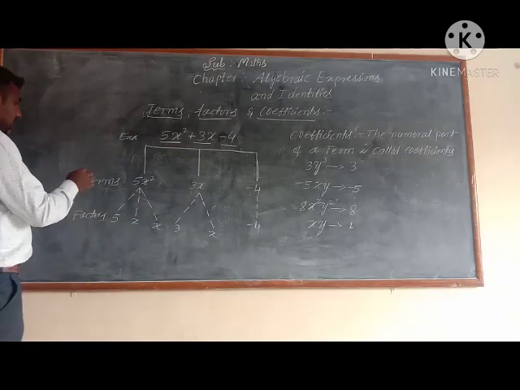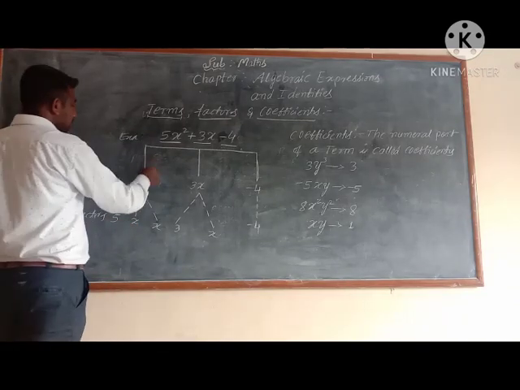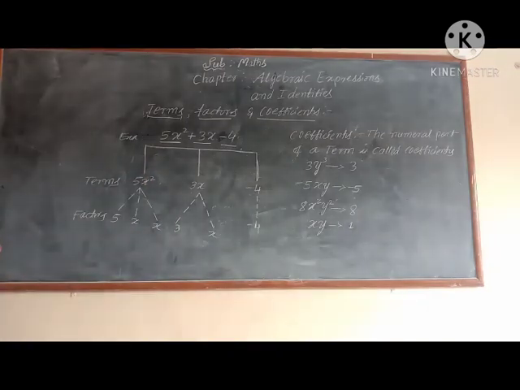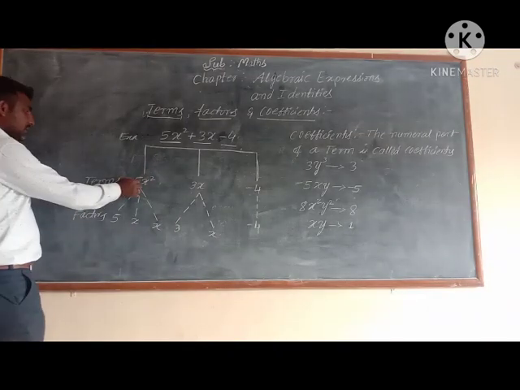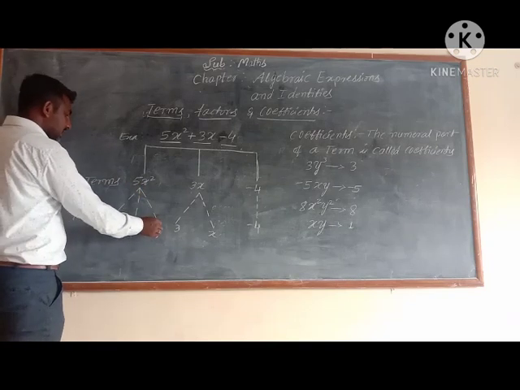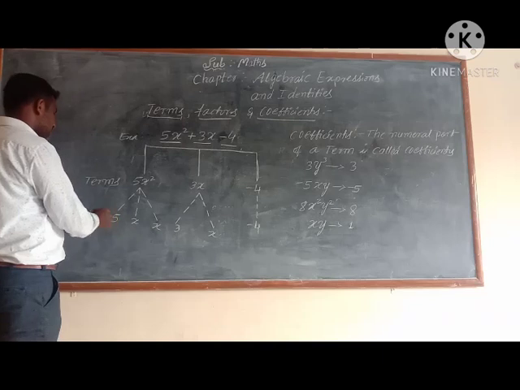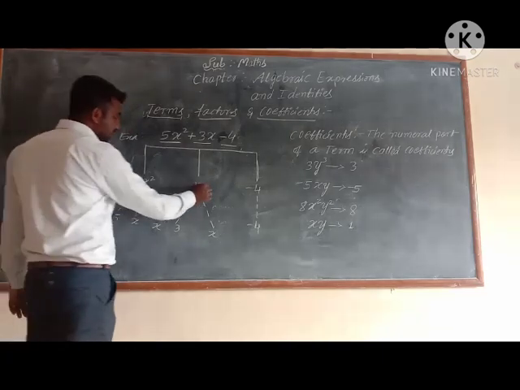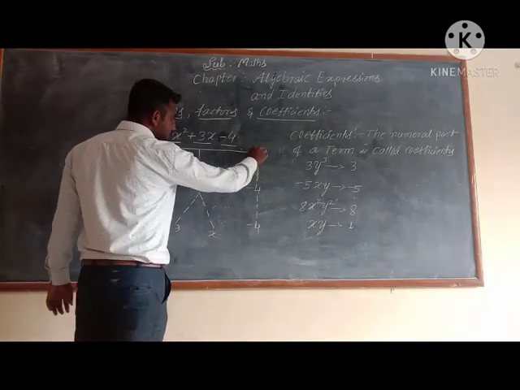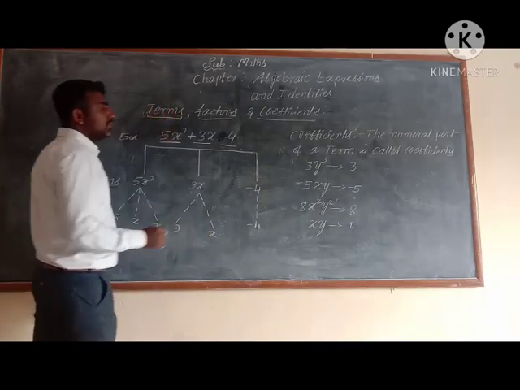Now factors: 5x square means 5 into x into x, 3x means 3 into x, and the constant term is written the same.